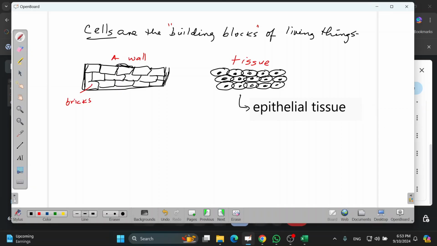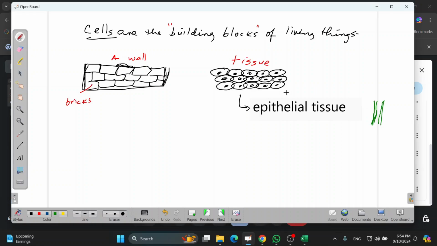For the lining of organs, for the coating of organs, right? Say if you have, for example, the esophagus, the outer layer is made up of epithelial tissue, and the inner layer is also epithelial tissue.